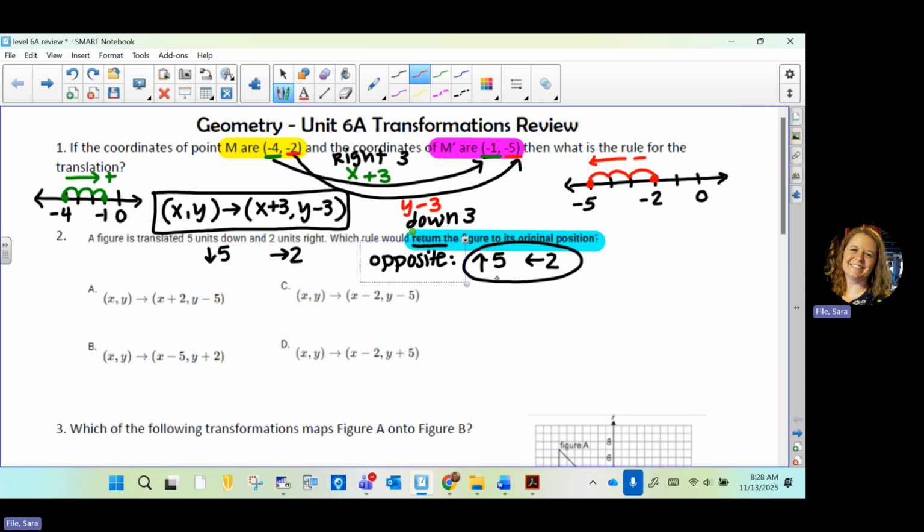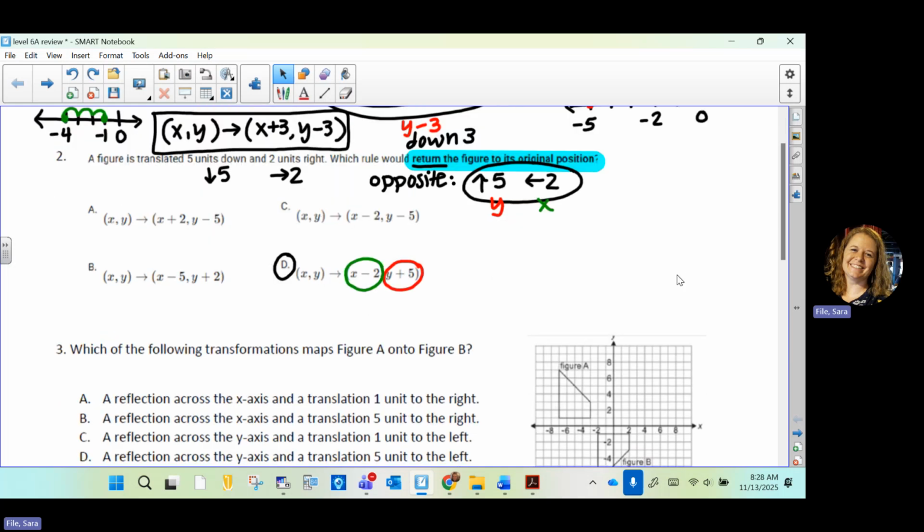Up and down, that's Y. So we're going up, so we're adding 5 to Y. There it is. Okay. Left is your X. Left and right is your X. Okay, so X is subtracting 2. There it is. So that was answer choice D here. We feel okay about that one?